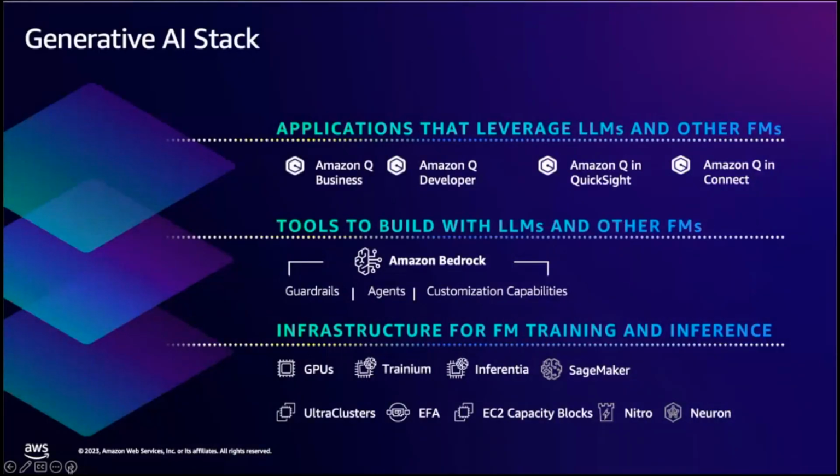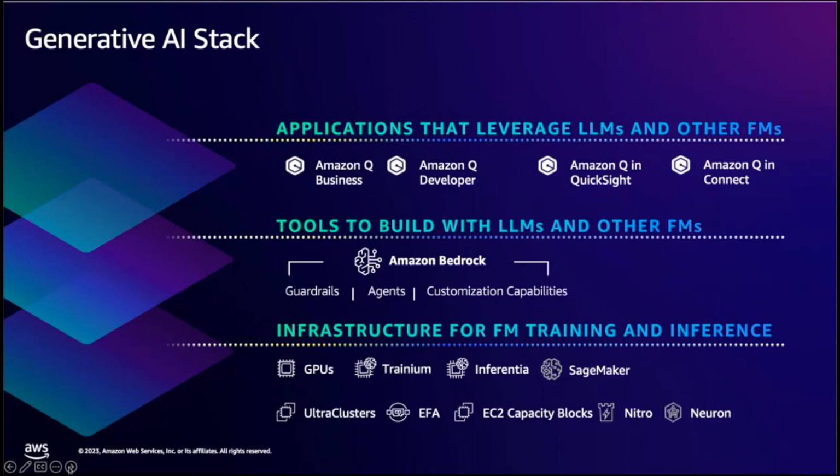So just as a quick reminder, this is the overall AWS generative AI stack, and you know that we have three layers. The bottom layer, which is the most comprehensive set of tools and infrastructure, including training and inference, which are specifically designed chipsets for you to run your large language models, deep learning applications, and things like that.